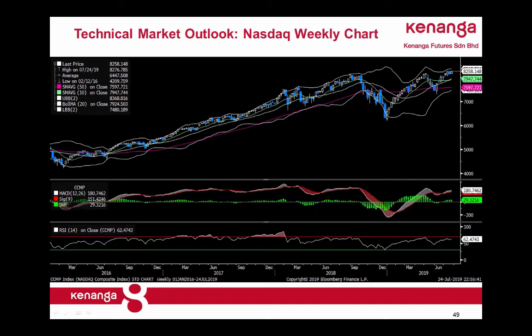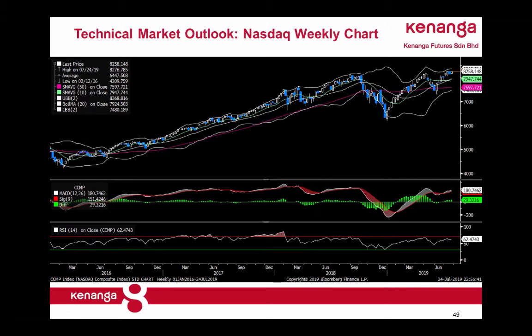Okay, so Nasdaq will be slightly more bullish as it is highly concentrated in technology counters, and we can witness counters like Amazon and Facebook recording higher and higher earnings.